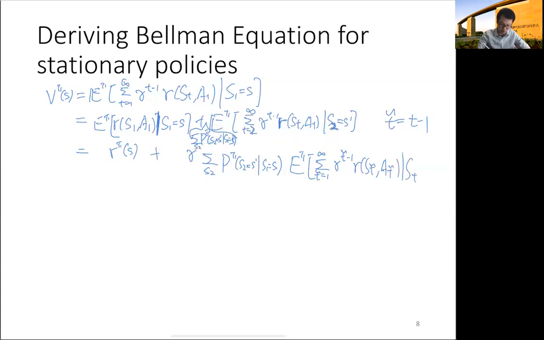Previously this was S2, and now this becomes S1, because I'm changing the index so that S at t tilde equals 1 is S prime.